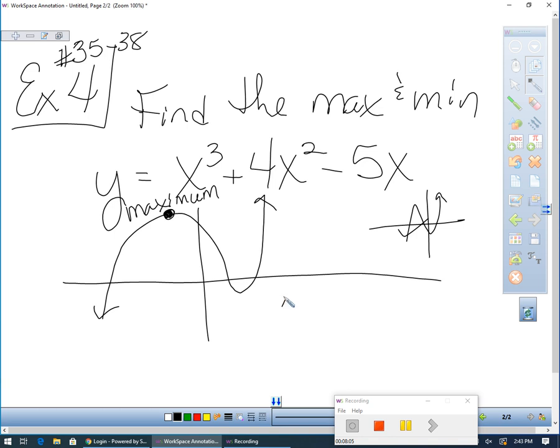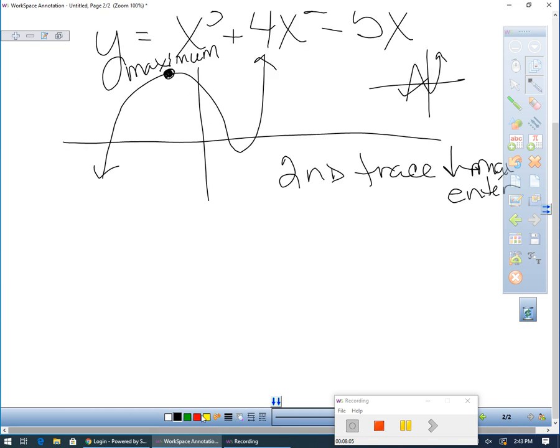So we're going to go second, trace, down to the word max and hit enter. On your screen it comes up with the word left bound.